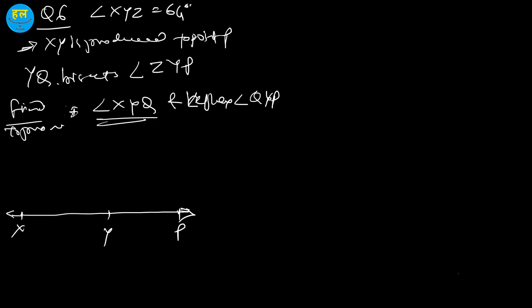So we make an angle 64 degree at Y with Z. And YQ bisects ZYP, so this is our Q. So this is our diagram.